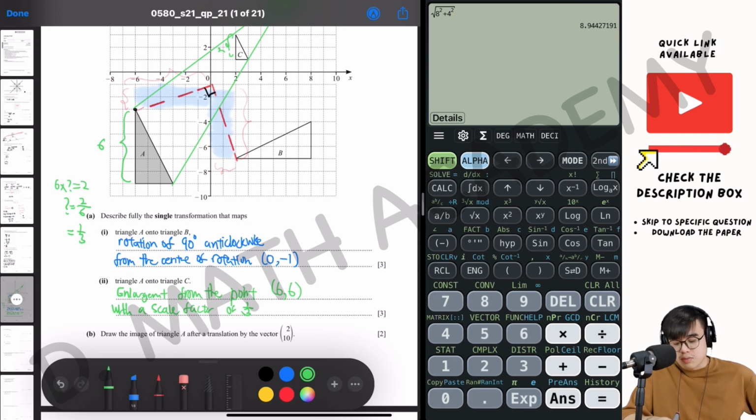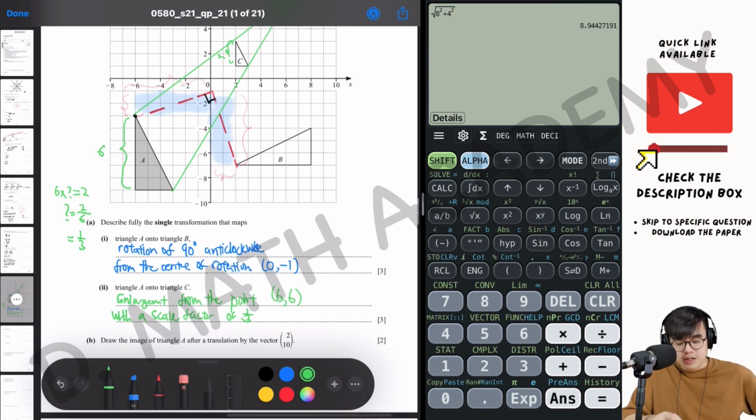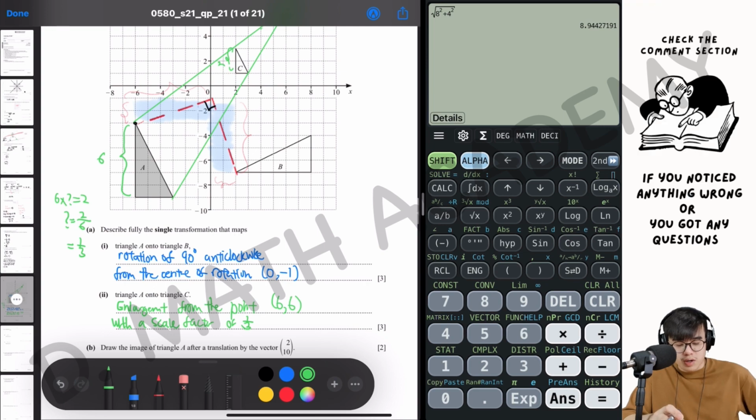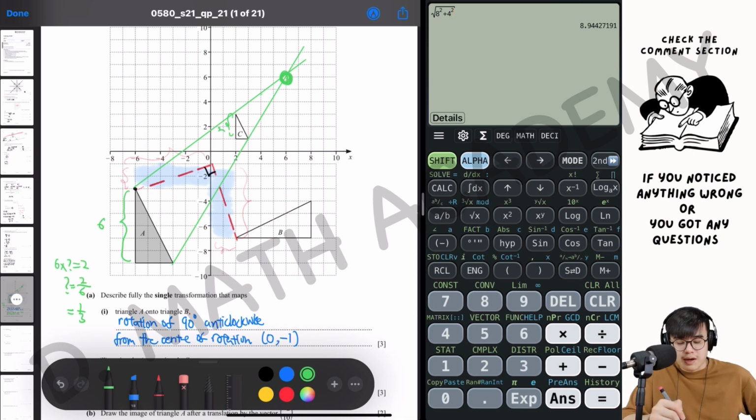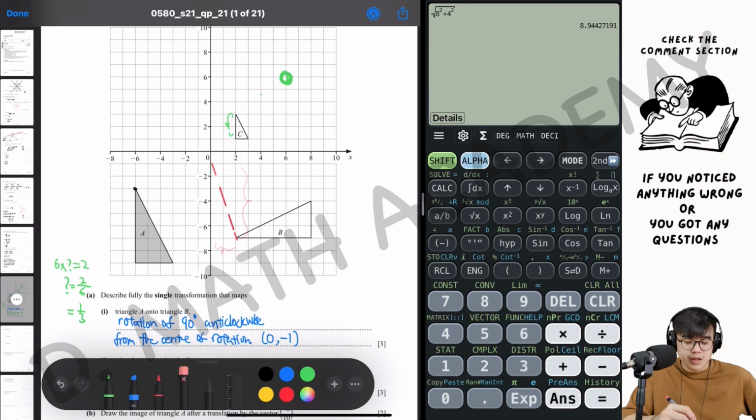Moving on to part B, they ask you to draw a translation of (2, 10). Which means I must erase all this that I have here, so that it's easier for you to see. Now with all these things erased, we can get to our final answer. There's a (2, 10) here that you have to pay attention to.